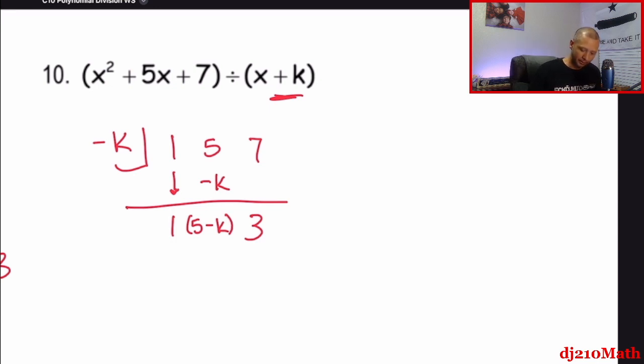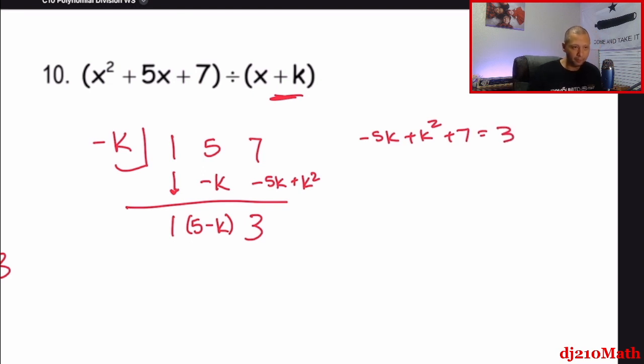So that's going to be negative 5k plus k squared. When we add this down, we're going to get negative 5k plus k squared plus 7 should equal 3.